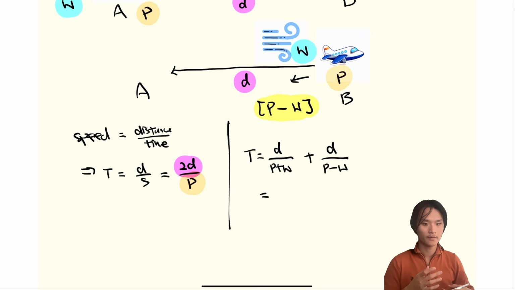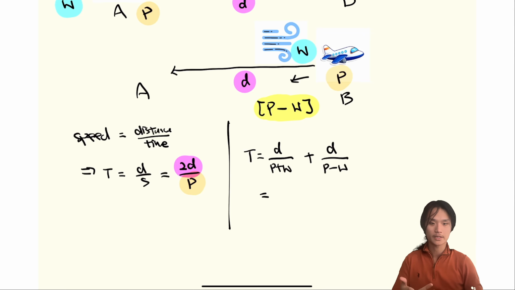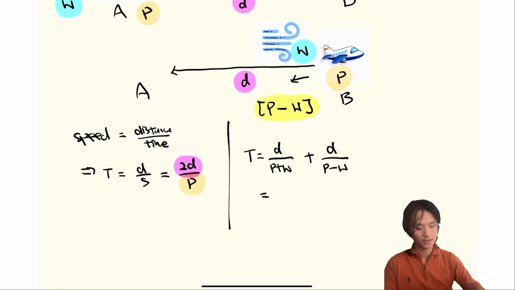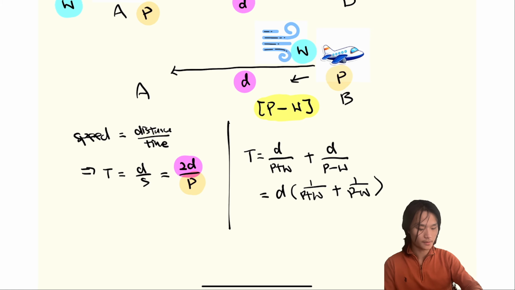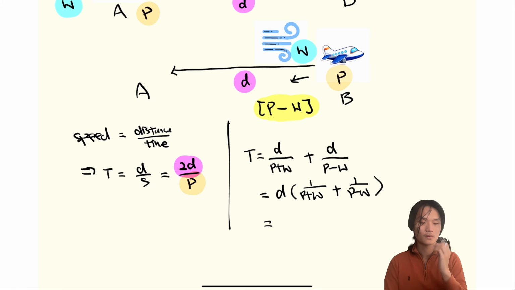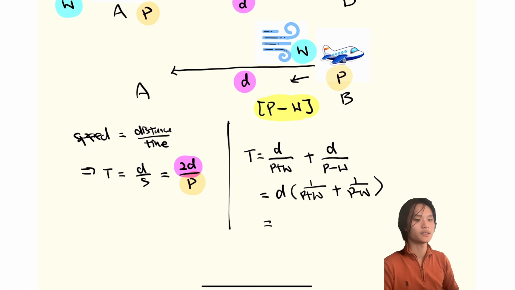So we do a bit of algebraic manipulation to try and make sense of the expression. We factor out D, and then that becomes 1 over (P plus W) plus 1 over (P minus W).